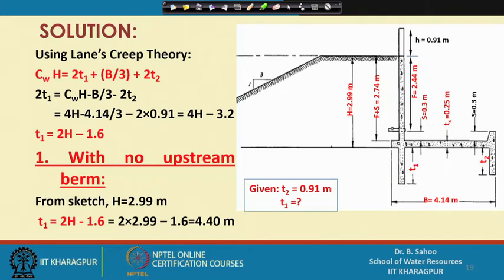So, in this case, the length of vertical distances will be equal to 2 T1 plus 2 T2. If you will see this figure, this is T1 and this side will also be equal to T1, this is T2 and this side will also be equal to T2. So, 2 T1 plus 2 T2, and this B is the horizontal distance. So, it will be divided by 3.